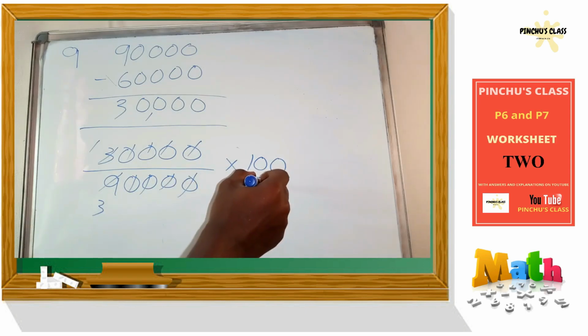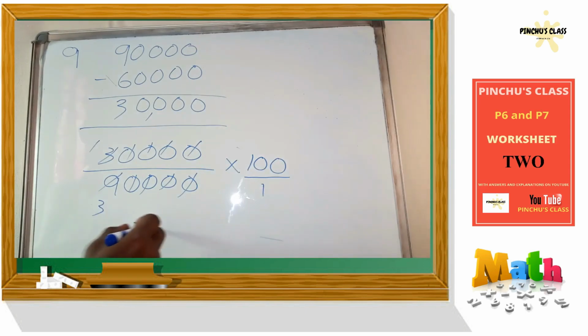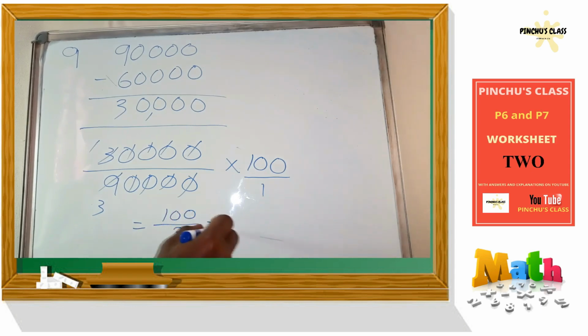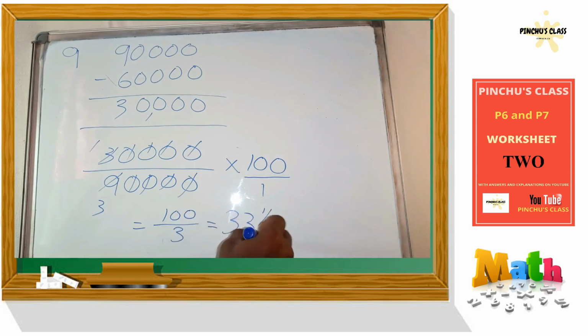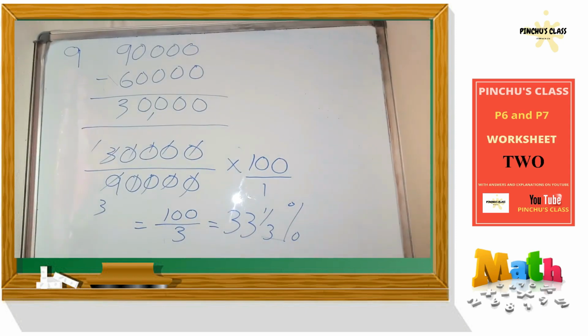Now this is 1. Therefore we have 100 divided by 3, which will give us, actually we have a mixed fraction, so we can write 33 and a third % as our answer.